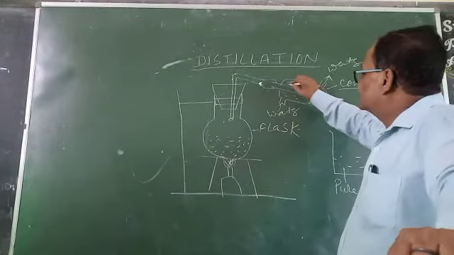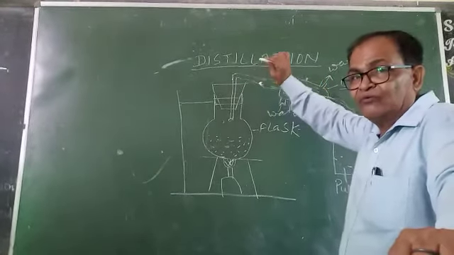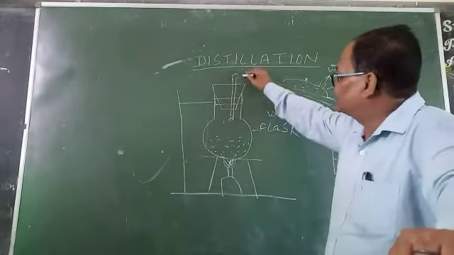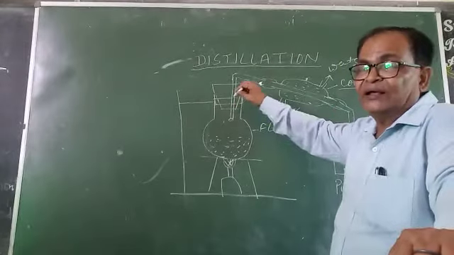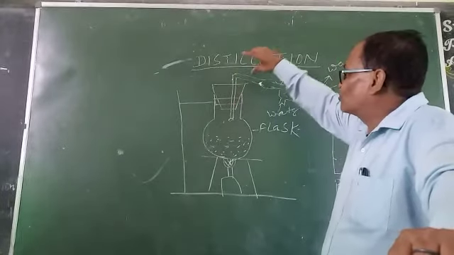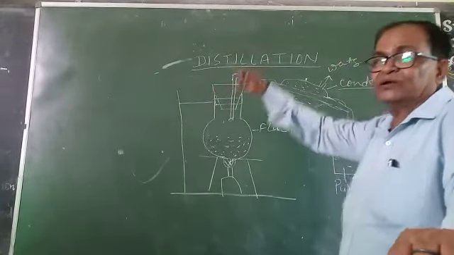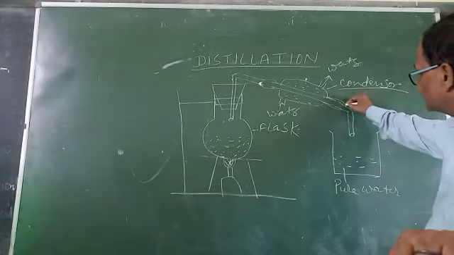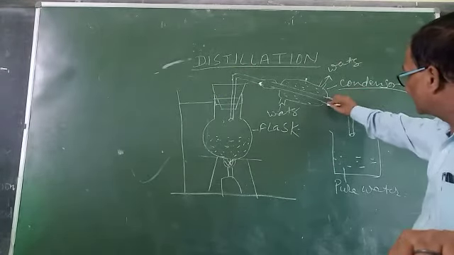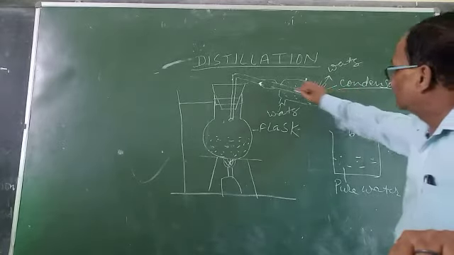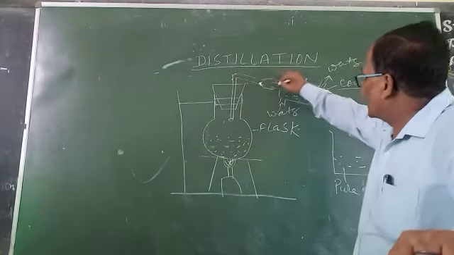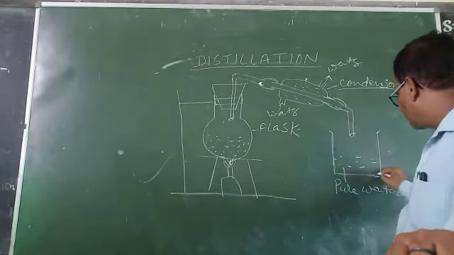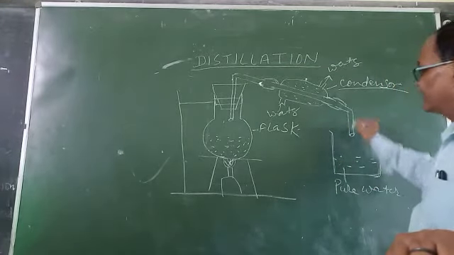This condenser is joined with two delivery tubes. One here which is fitted with the cork. Here I need to stop the closure of the flask, and other delivery tube is joined with the condenser by rubber tube here. This is rubber tube and a vessel to store the liquid obtained.